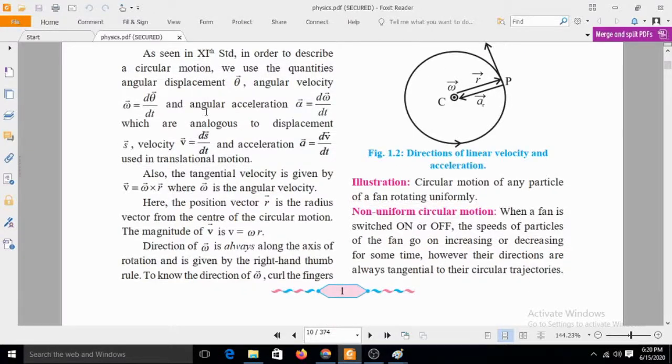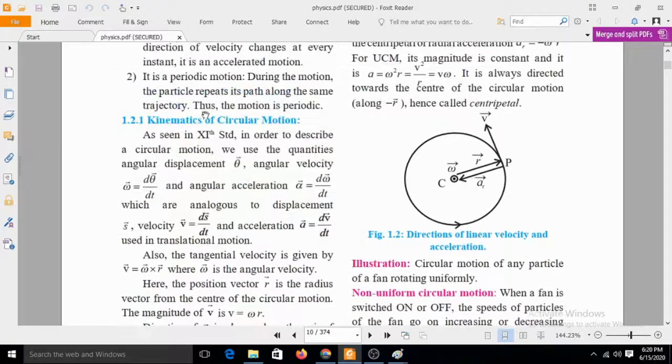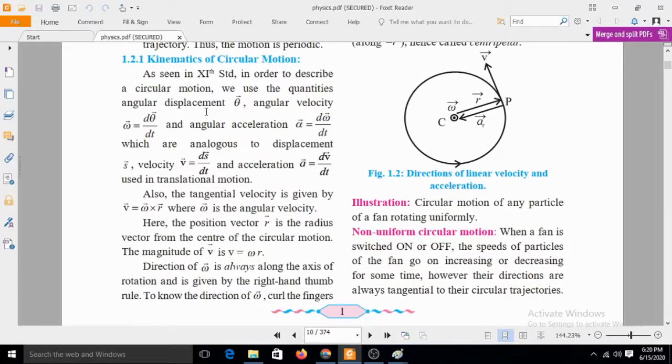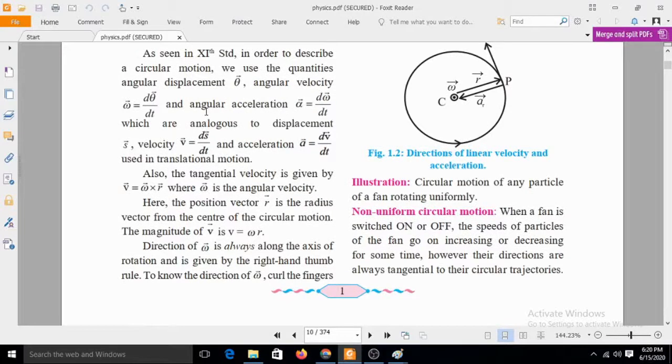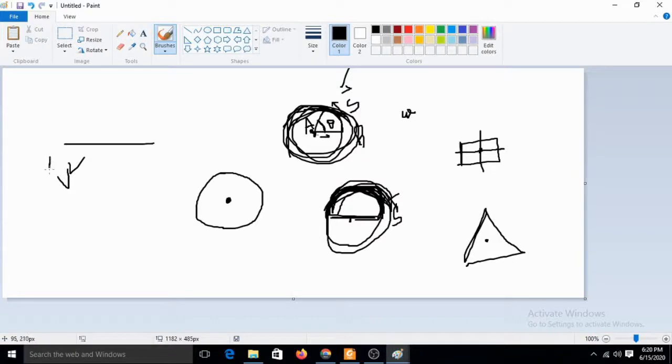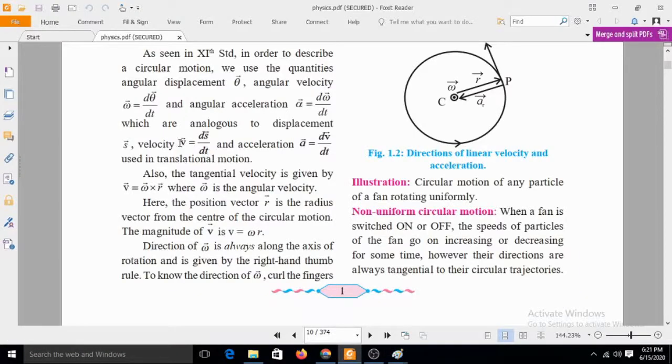In 11th standard also you have seen what displacement, angular velocity and velocity are. Displacement means that an object traveling from point A to point B displaces from A to B. That is the linear displacement s.